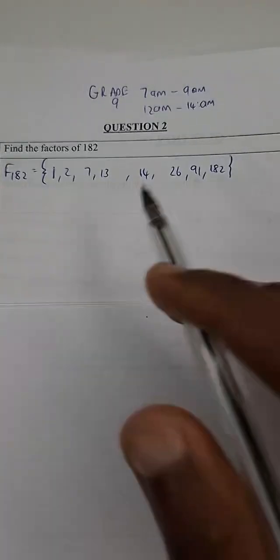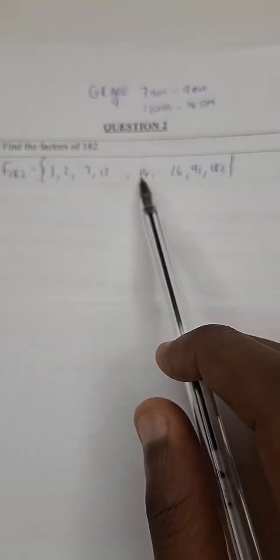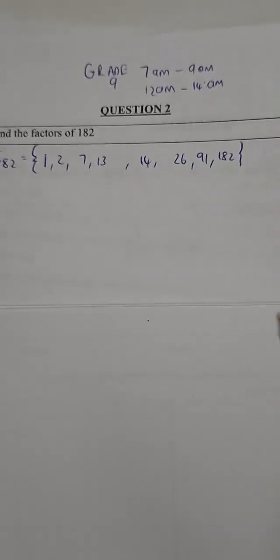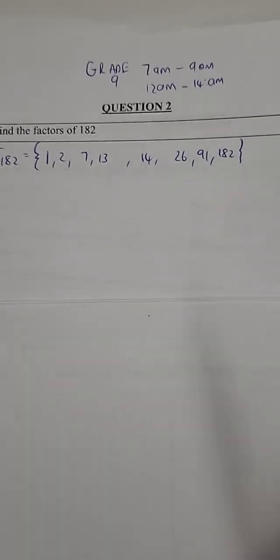Interestingly enough, 13 does go how many times? 14 beautiful times. All right. And then we think of the next number after 13, it's 14. So that means that's where we end, because there can't be any other numbers beyond that. So that's all the factors, guys, of 182.